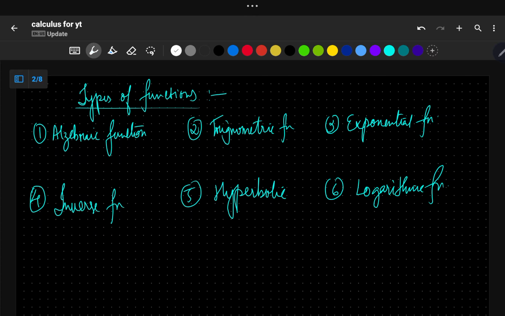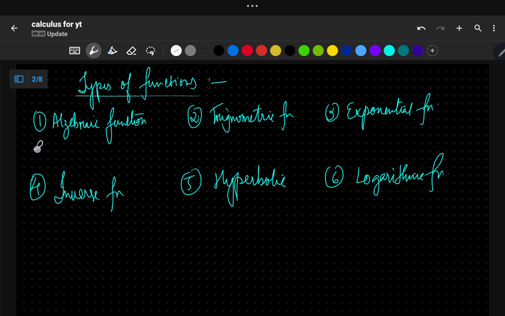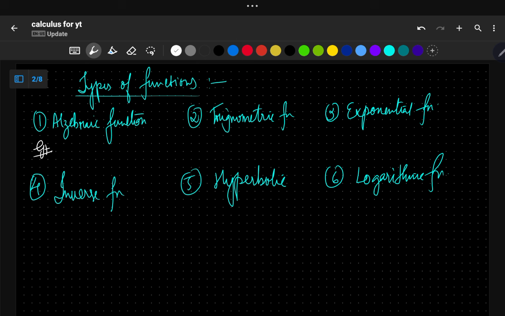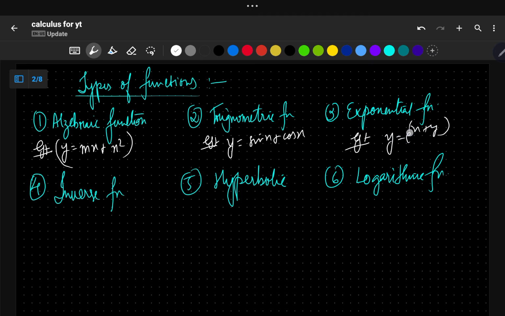So what is an algebraic function? Example: y equals mx plus x square, right? For trigonometric, it is like y equals sin x plus cos x. For exponential, the example is y equals e power x plus y.